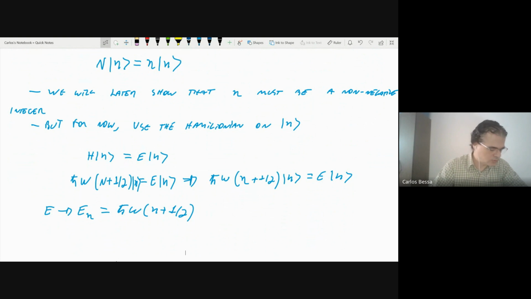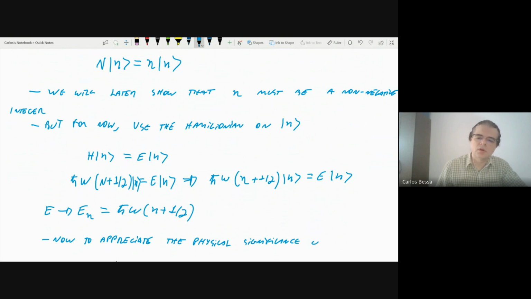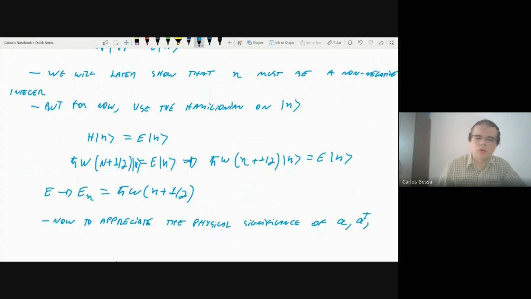Okay. And now, to appreciate the physical significance of the operators A and A dagger, let's first note that.